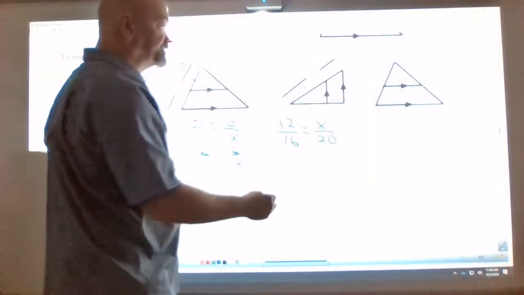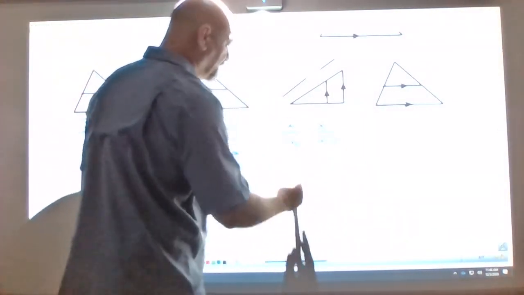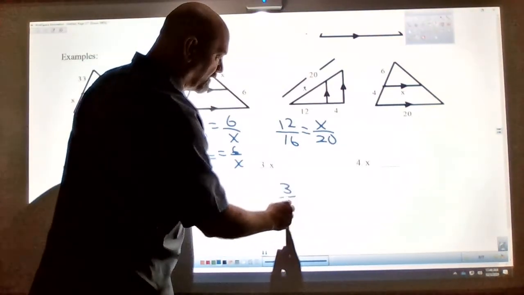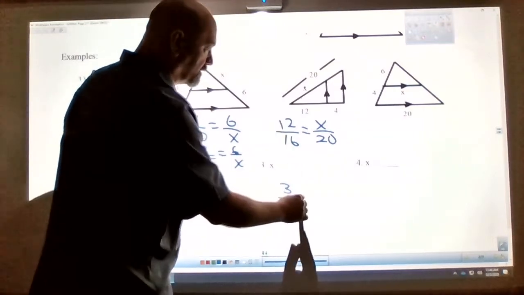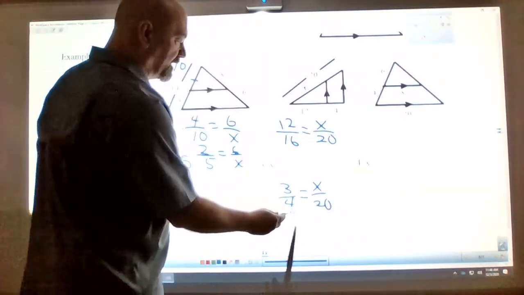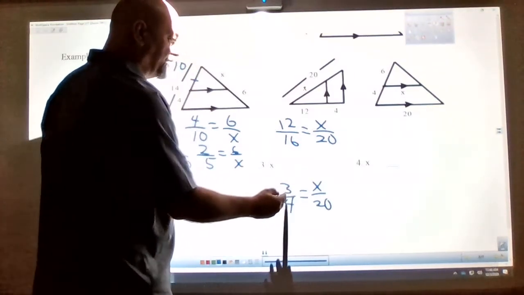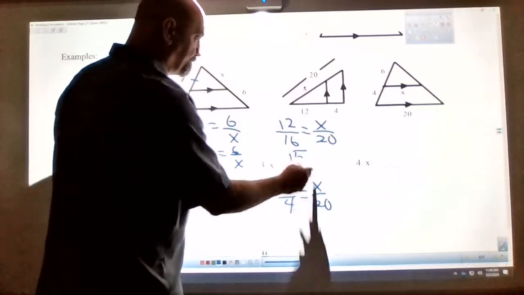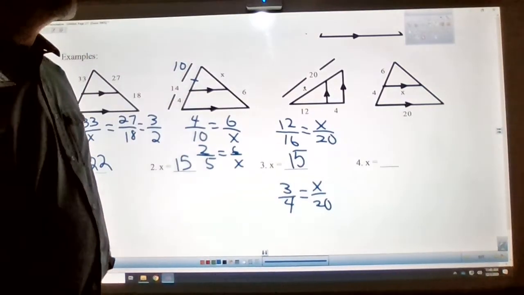Again, this reduces, so let's make this a simpler thing right here. 12 over 16, 3 over 4, reducing both by 4, is equal to X over 20. Now, you're going to multiply 4 by 5 to get 20, so you multiply 3 by 5 and you get 15. All right.